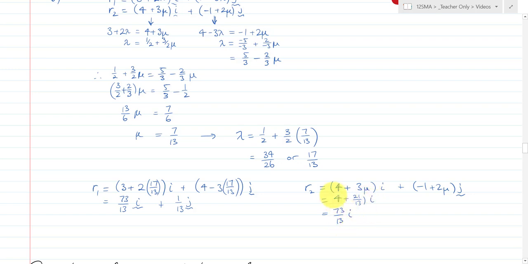And over here I get negative 1 plus 2 times 7/13 j, and negative 1 is negative 13/13, and 2 times 7/13 is 14/13, so this is, of course, 1/13 j. And that is the same as over here, so it validates our solution for R1, just like you do with simultaneous equations. And then we have a position vector where those two lines meet. All the best.